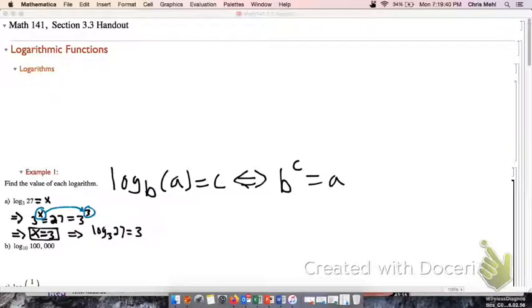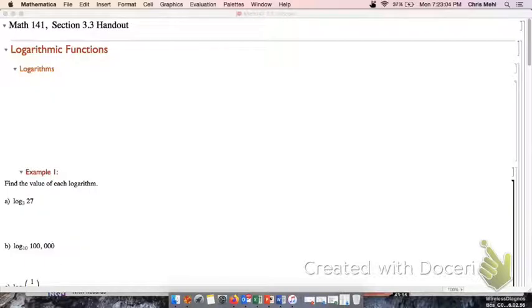Again, the idea, right, 3 is the base, and the value of the logarithm is the power, and the 27 is the base raised to the 3 power. So log base 3 of 27 equals 3. So another example.